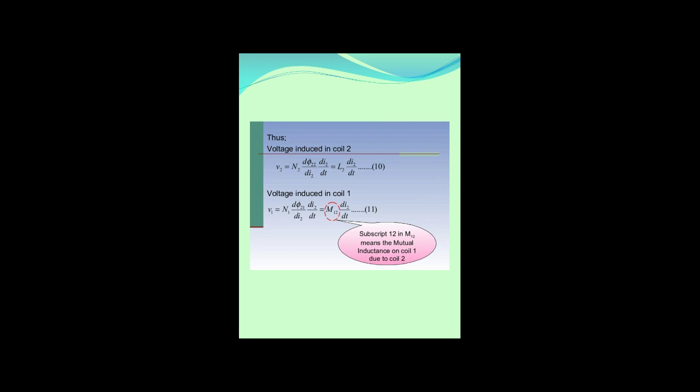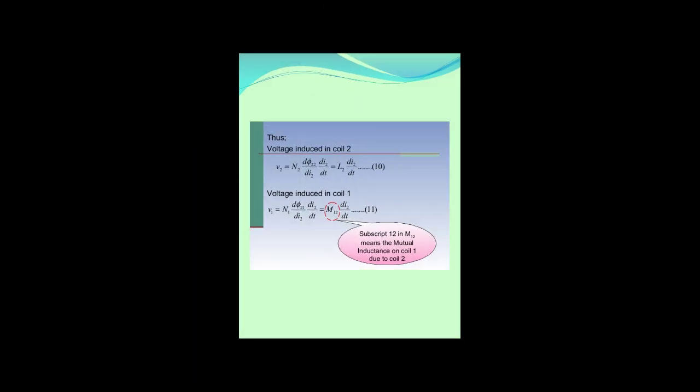Now V2 is equal to L2 di2 upon dt and V1 due to flux phi 1 is equal to M12 di2 upon dt, where M12 is mutual inductance on coil 1 due to coil 2.